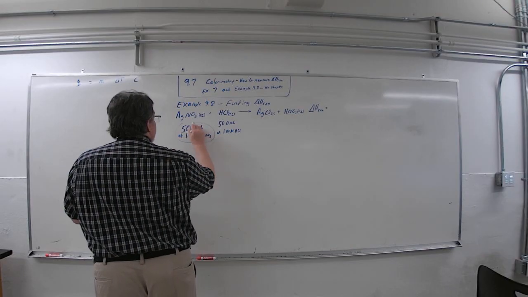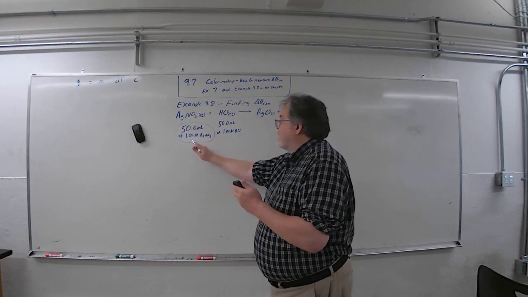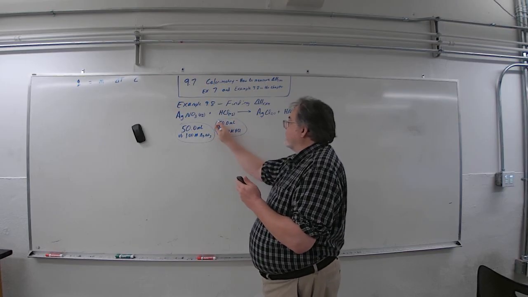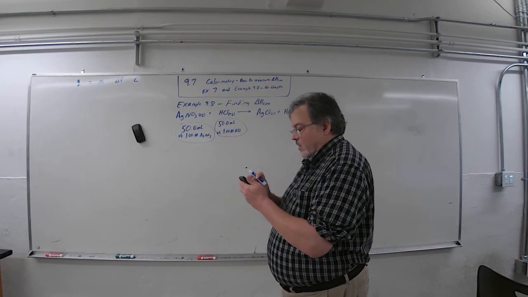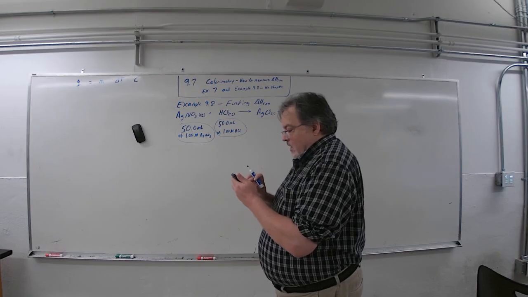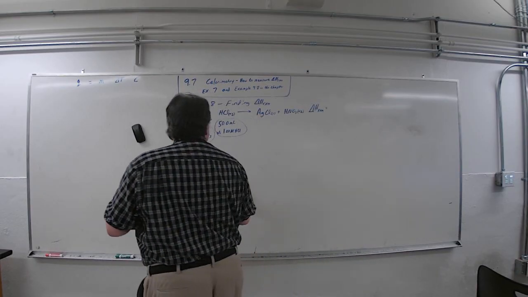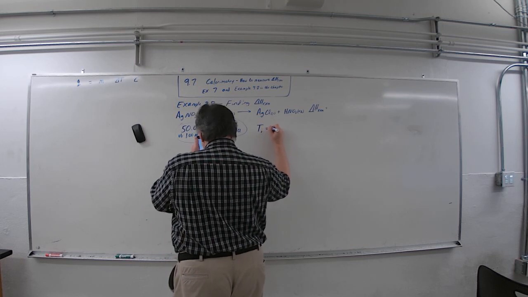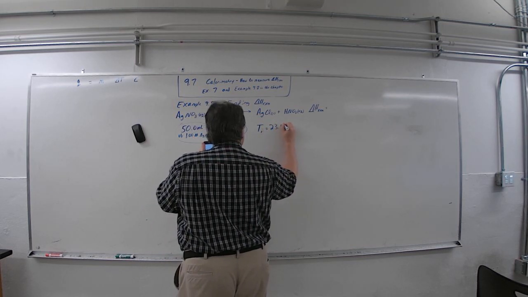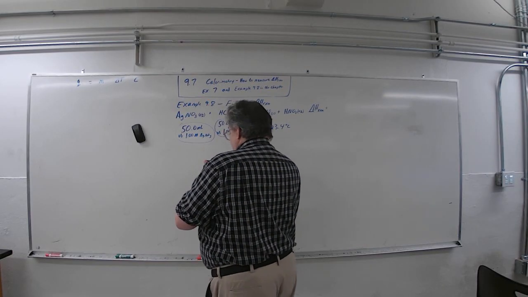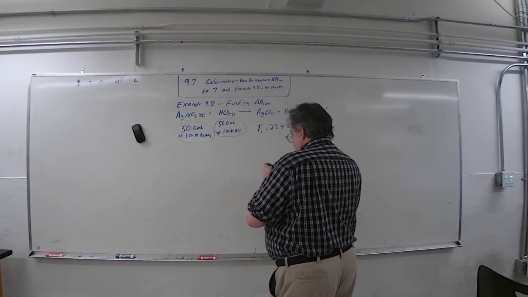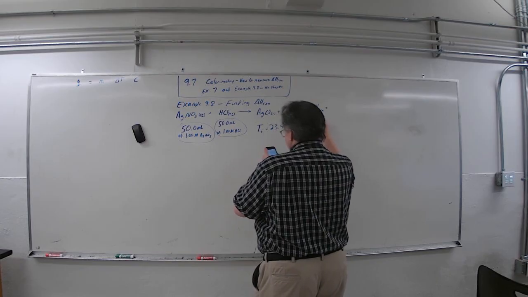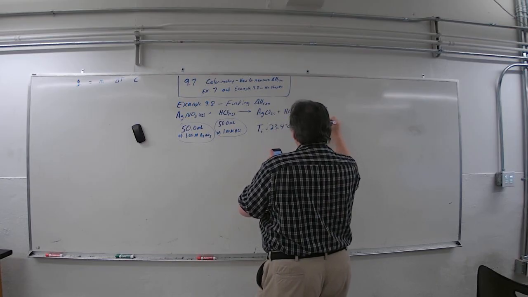So 50 milliliters of 1 molar HNO3, 50 milliliters of 1 molar HCl are poured together. The temperature changes. Temperature initial is, temperature final is 24.2.